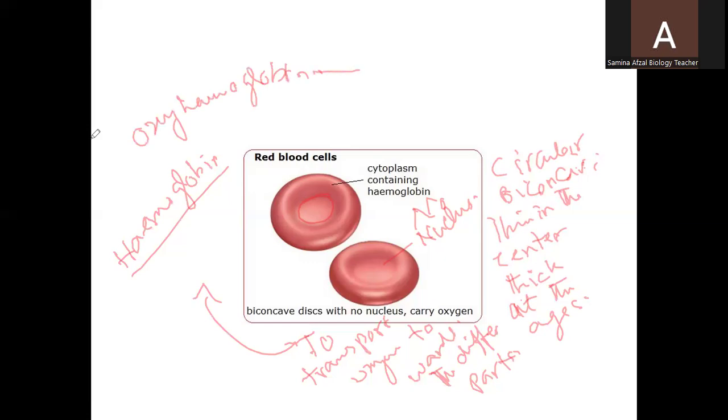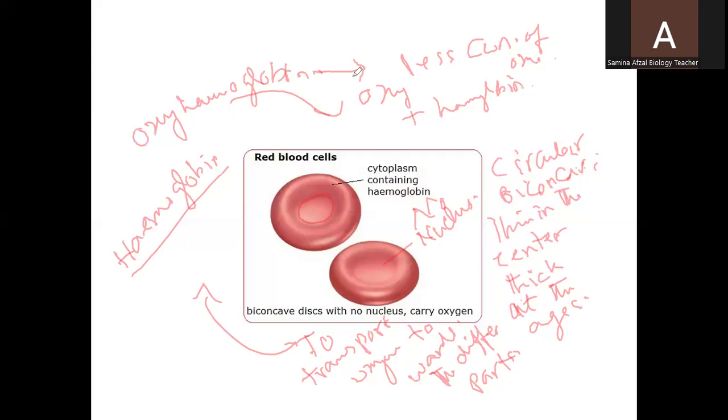When the blood reaches different parts where there is less concentration of oxygen, oxyhemoglobin breaks down into oxygen and hemoglobin. So that oxygen enters those parts where there is less oxygen. In this way, the red blood cells play a vital role in the transportation of oxygen.